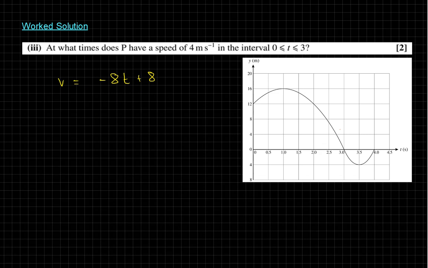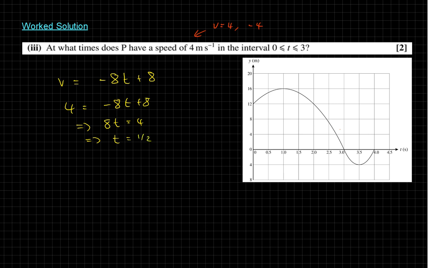Because speed of 4, that technically means when v equals 4 and v equals minus 4, it could be either one, right? Because speed is the absolute value of velocity. So the velocity could be 4 or minus 4. Let's try the first one. When v is 4, we get minus 8t plus 8, that implies 8t equals 4, implies t equals a half.